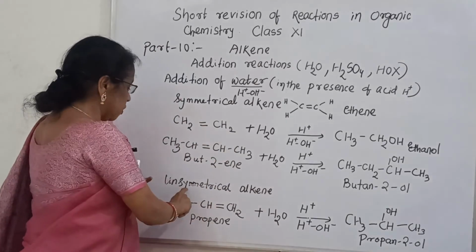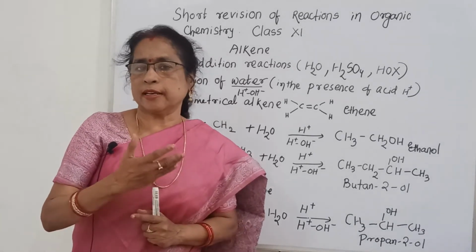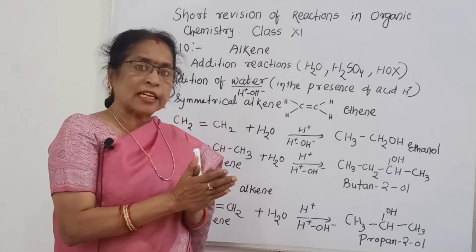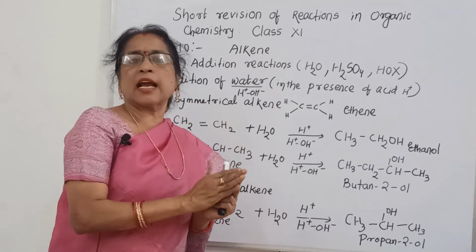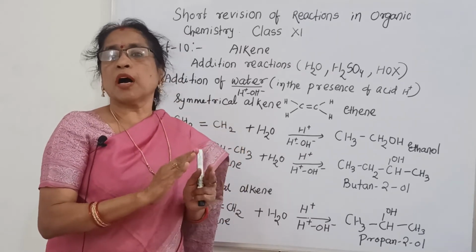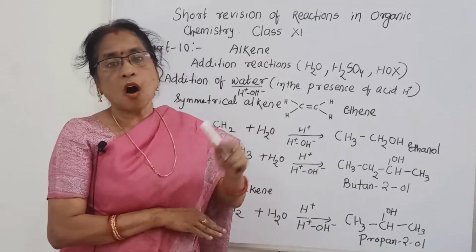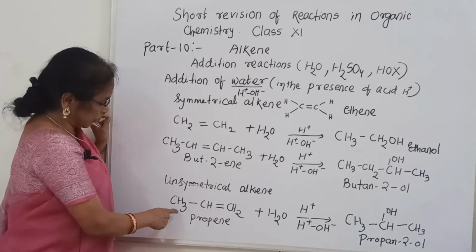But when you come to unsymmetrical alkene, what is meant by unsymmetrical alkene? Unsymmetrical alkene means that between the double bond, left side and right side, the number of atoms are not equal, either in carbon or in hydrogen. Let us see the example propene.